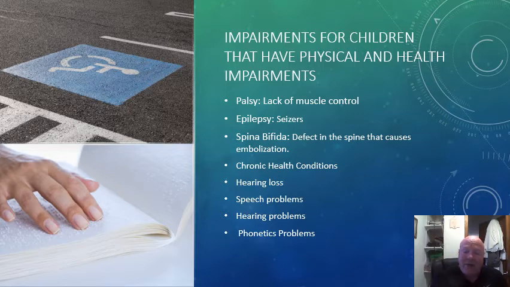I haven't encountered too much, but as long as you set the parameters, and you find out from the nurse what you need to do, what to do in an emergency, how to train the para to understand these, and then maybe we'll work together to get that solved, so we can help the kid if there's a real specific physical problem. And then of course you've got hearing loss, speech problems, hearing problems, phonetics problems.